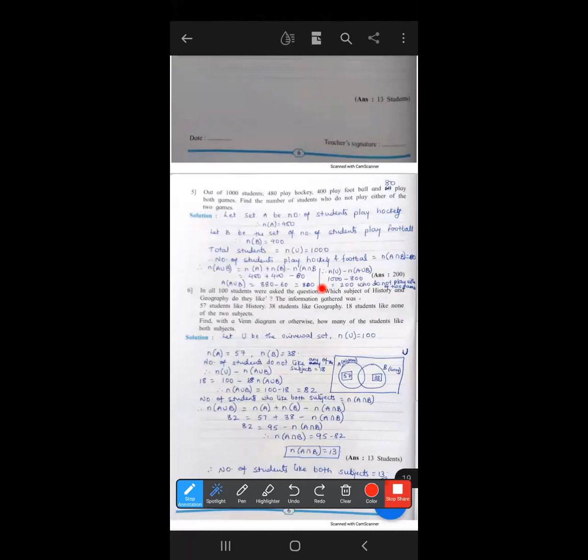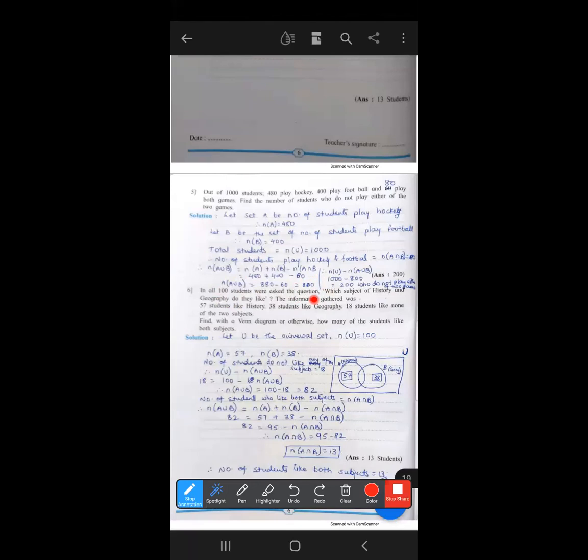Here also you need to go through the BODMAS rule. So N of A union B equals how much? 880 minus 80, you will get 800.